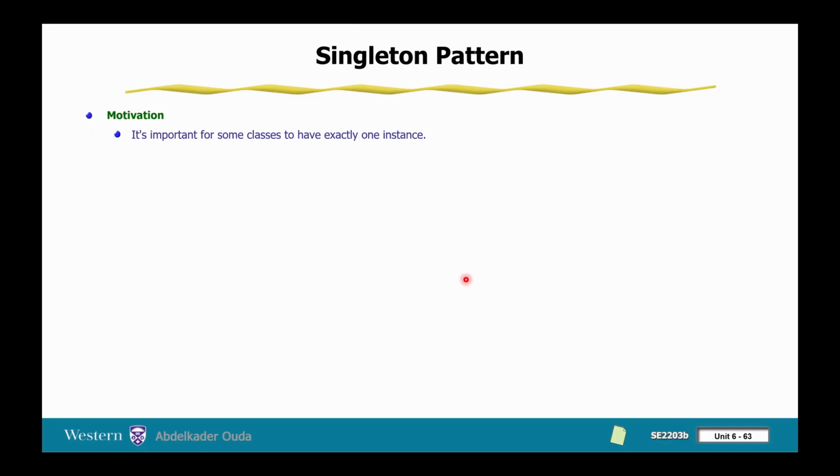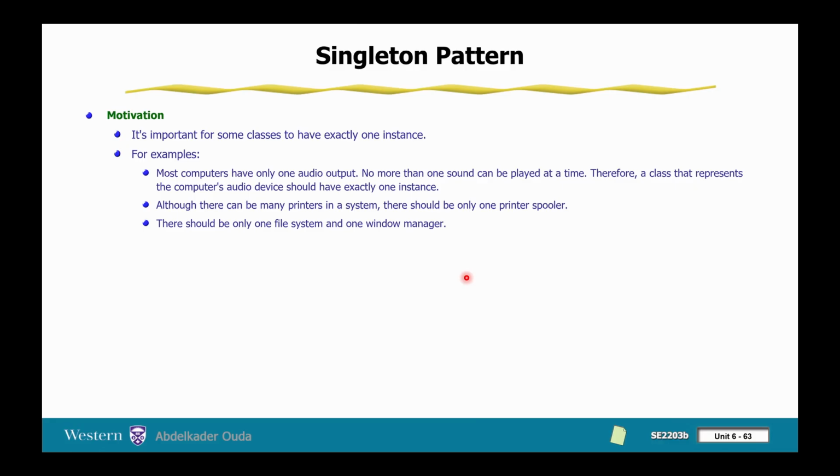Okay, so here I give you some other examples. I just mentioned the log system or audit trail. There are 3 other examples here. I give you the example of the computer. Any computer has an audio output device. Whenever you need to play some sound, the operating system is going to forward that sound to that audio output.